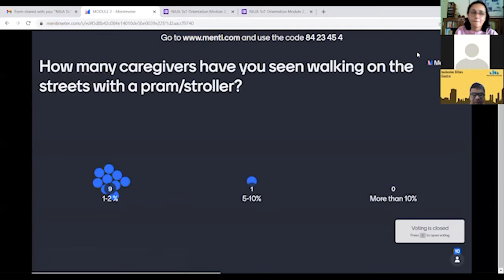Yeah. So if you were to go to Singapore, even children older than 5 years are being pushed around in strollers simply because everybody walks there.